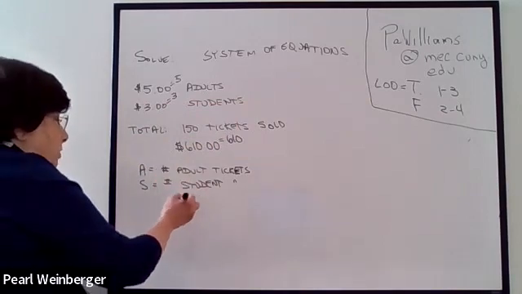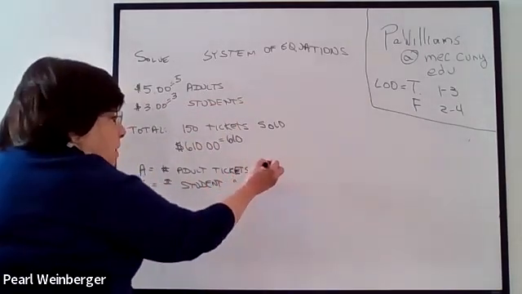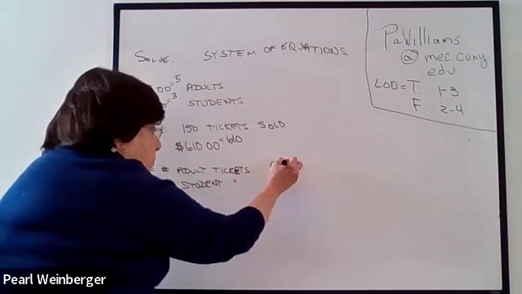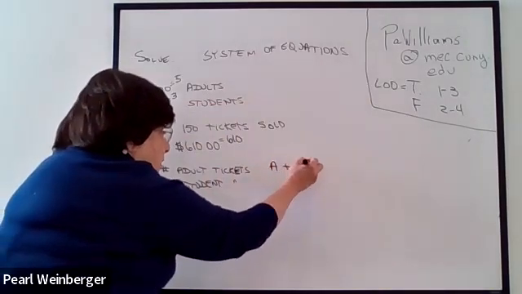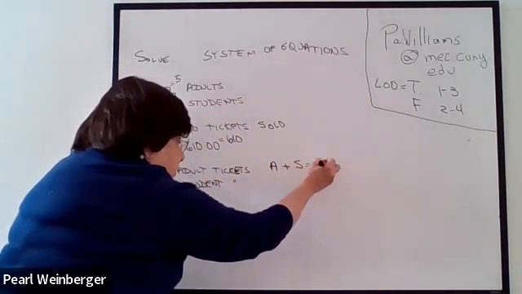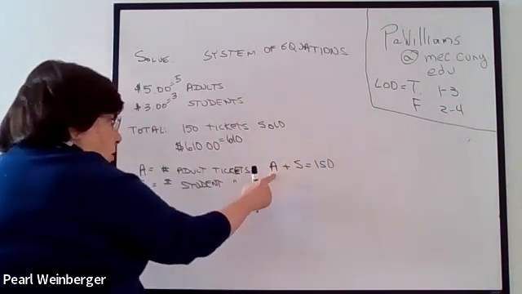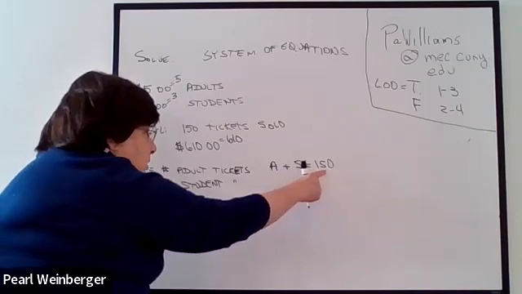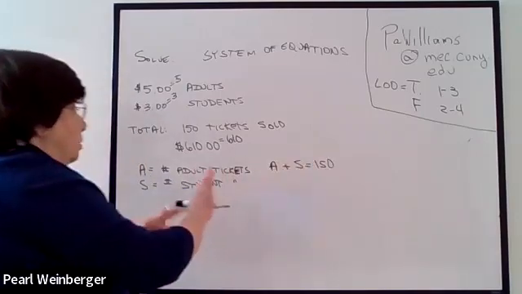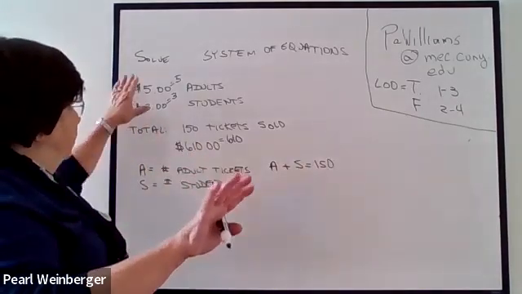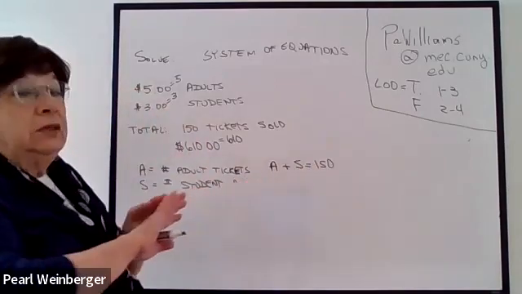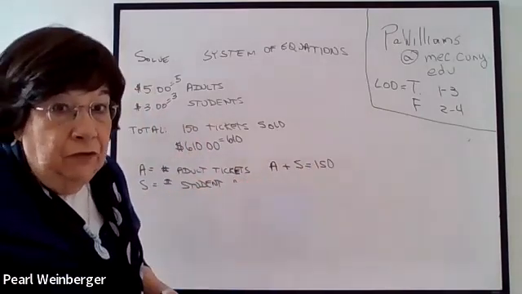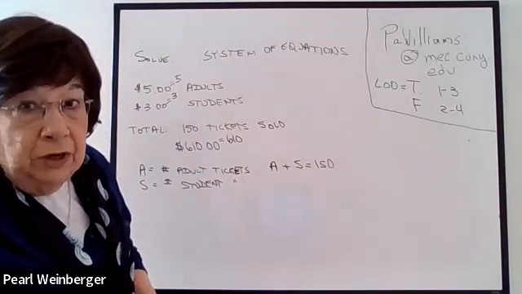So my first equation becomes A plus S equals 150. The number of adult tickets plus the number of student tickets is 150 tickets. Notice I didn't use the 5 or the 3 because that first statement has nothing to do with how much they cost.